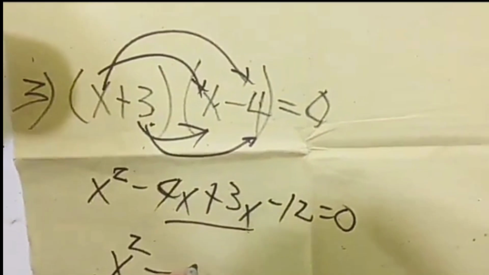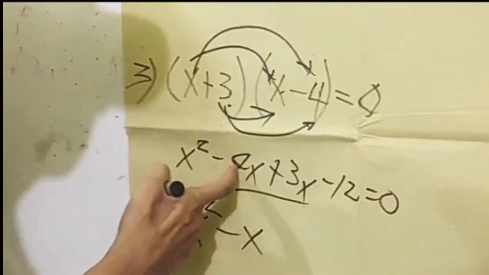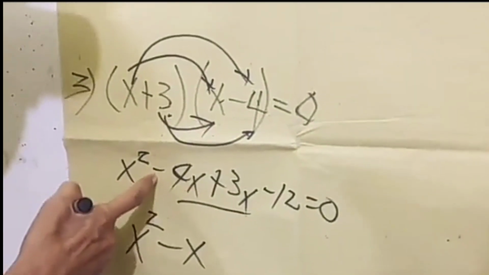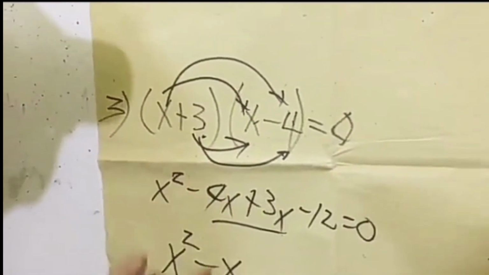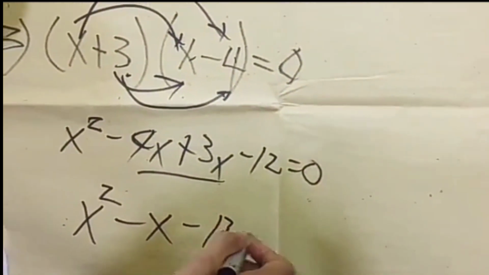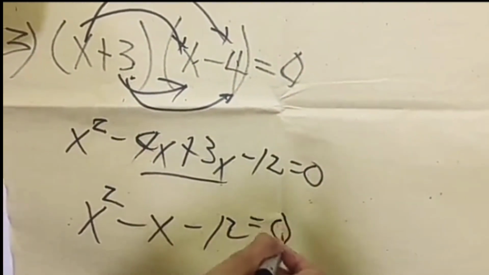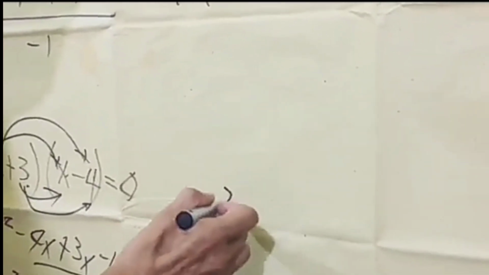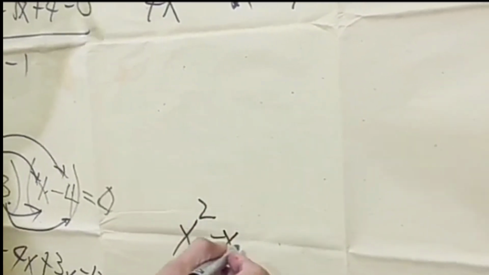We have negative x because 4x is greater than 3x, so disregard the sign, and we will affix the sign of 4x. And negative 12 is not affected, just copy. This time this is the quadratic equation, then transfer here. We have x squared, negative x, negative 12 equals to 0 in the standard form now.